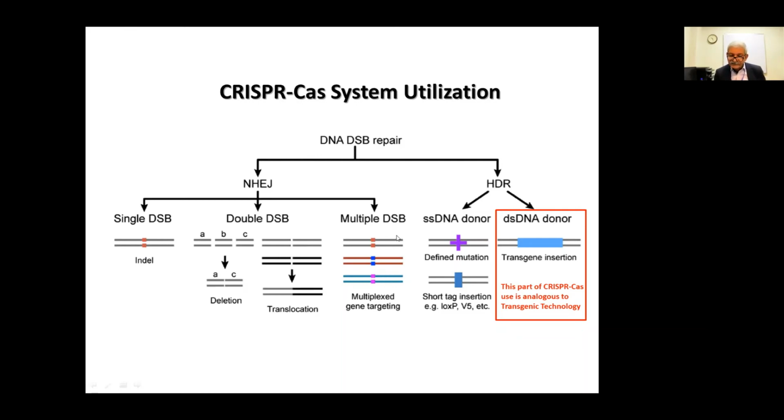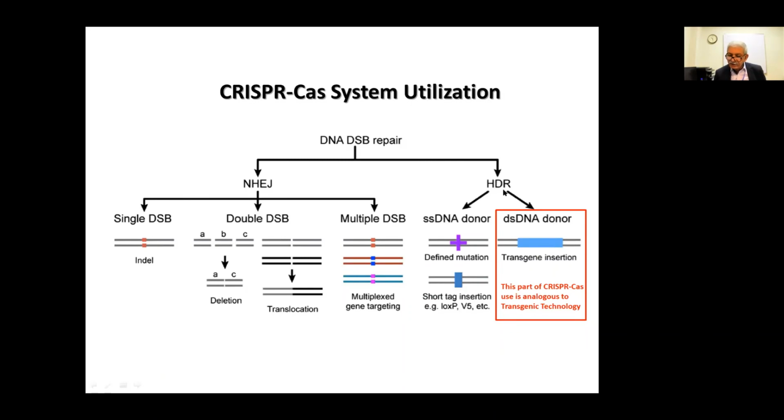So multiple double-stranded breaks at one position, another position, and another position due to non-specific binding of the gRNA molecules can cause multiplexed gene targeting. So you end up with many other mutations which are mostly undesirable, and they are very much analogous to the off-target sites in the case of the CRISPR-Cas system.